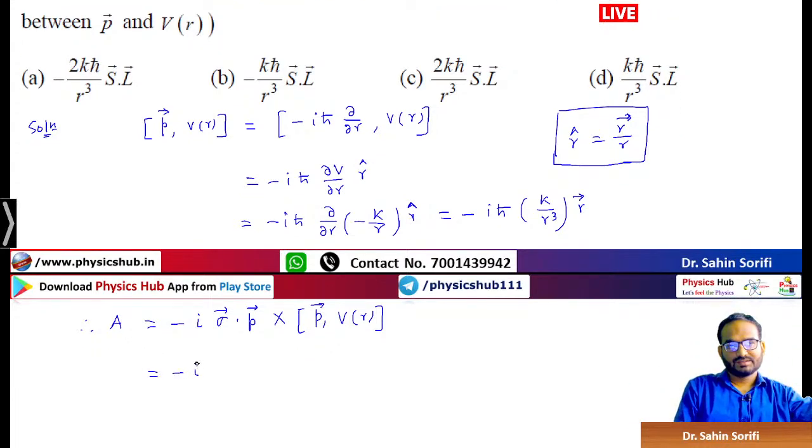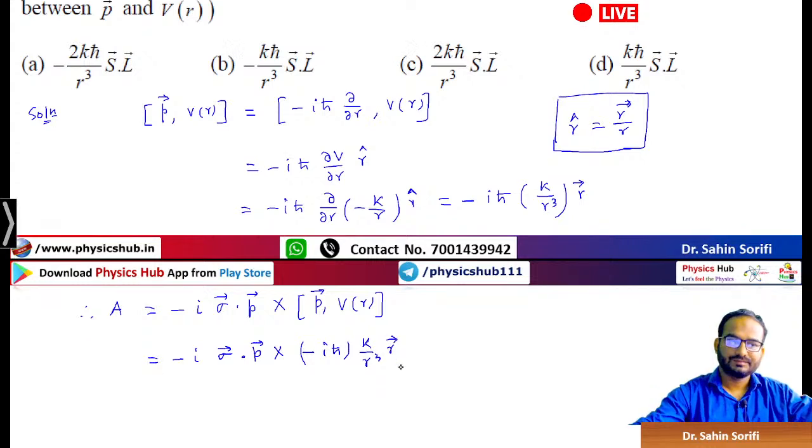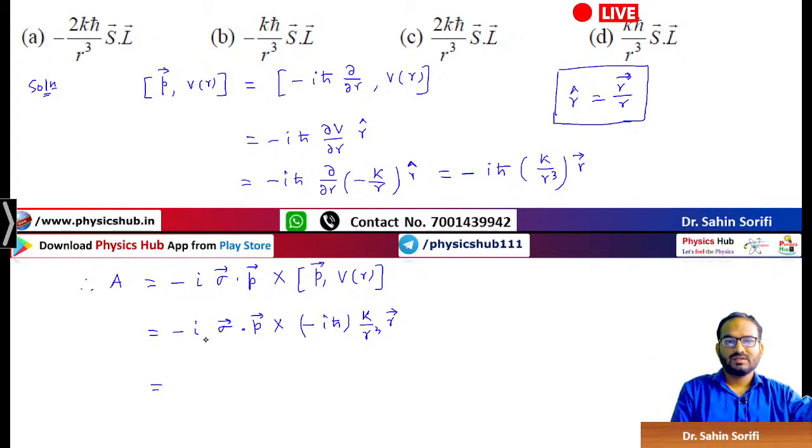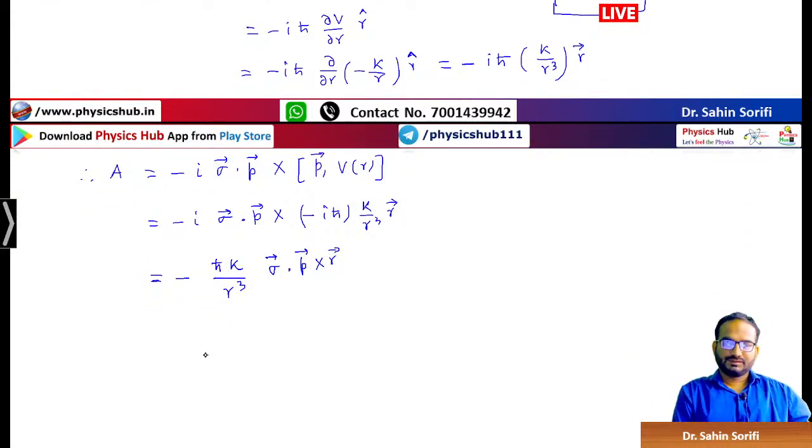This is equal to minus i sigma dot P cross minus iħ k by r cubed vector r. i squared is minus 1, so the minus sign is sustained. ħ k is constant, by r cubed, this is also coming out of the cross product; this is sigma dot (P cross r). This is okay.